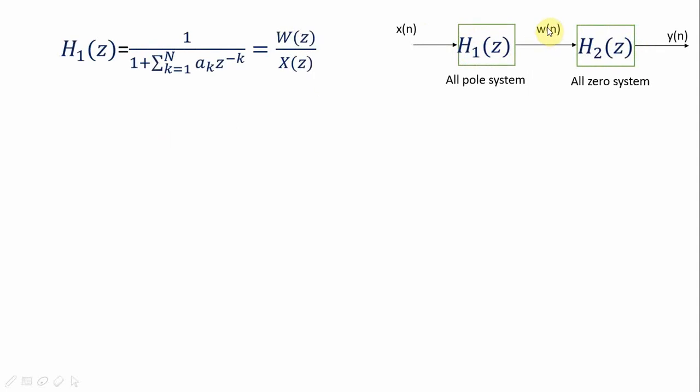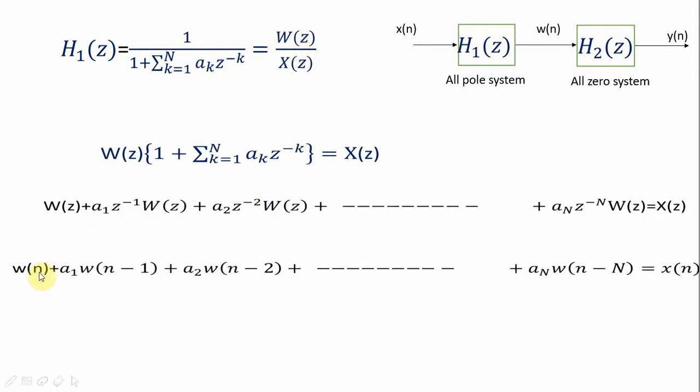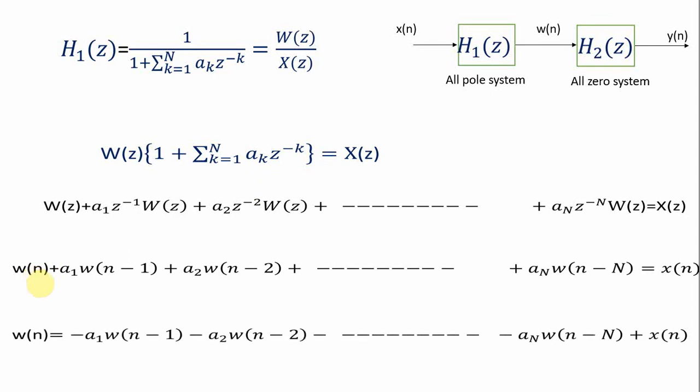So H1 of z, which is W of z by X of z, is all the poles, 1 over this. So expand this denominator, cross multiply and solve for w of n. So our w of n will be equal to minus a1 w of n minus 1 minus a2 w of n minus 2, etc. The last term is aN w of n minus capital N, plus x of n.